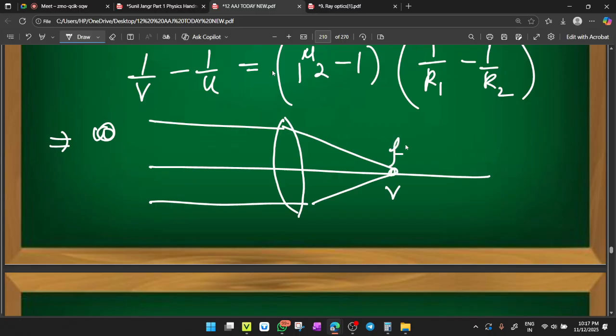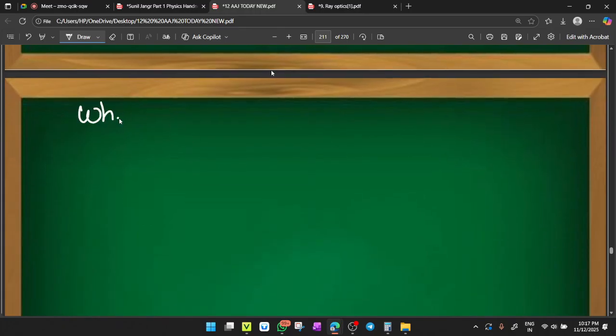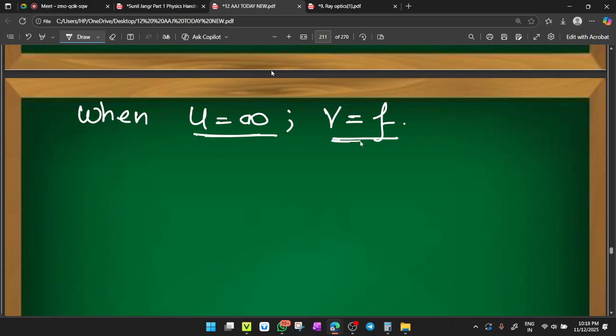Yes or no? Means when u equals infinity, we can put v equals f.